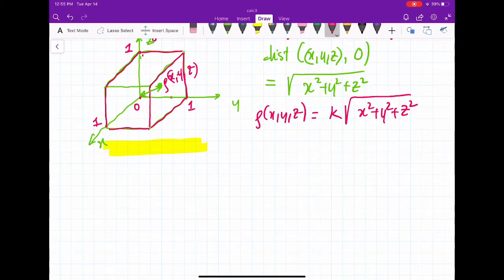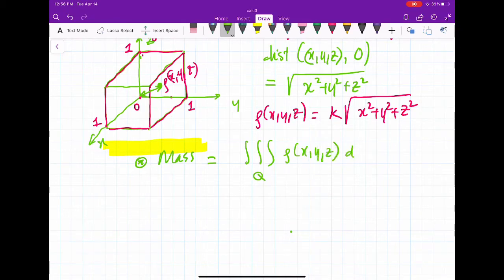Okay, so I need to find the first moments, but before that we need to find the mass, and the mass is nothing but the triple integral over Q of rho x, y, z dV. We need to rewrite this integral in terms of iterated integrals. You could write dz, dy, dx, or whatever order you want, but I choose this order.